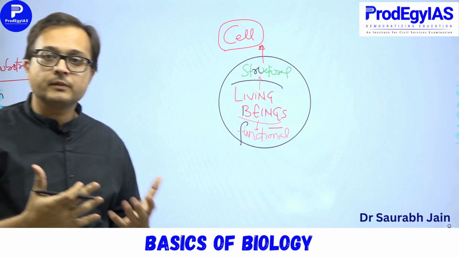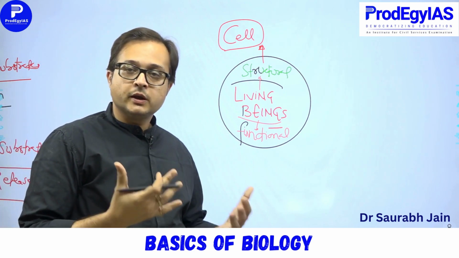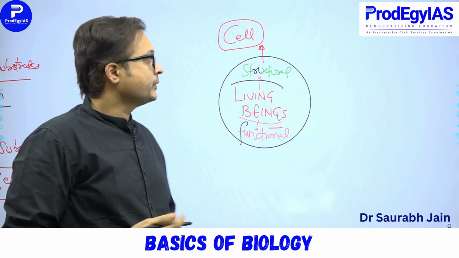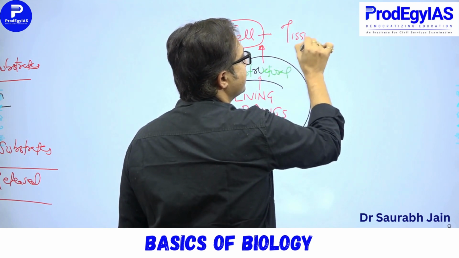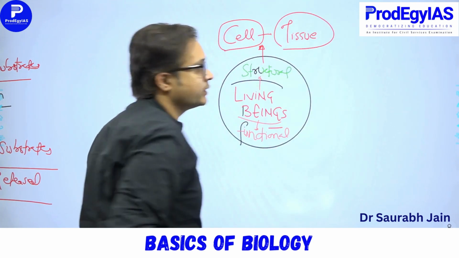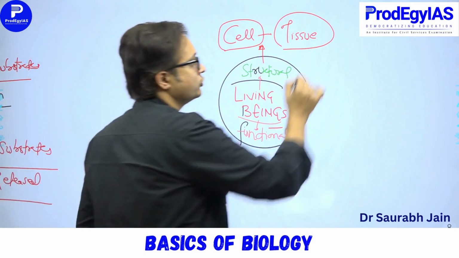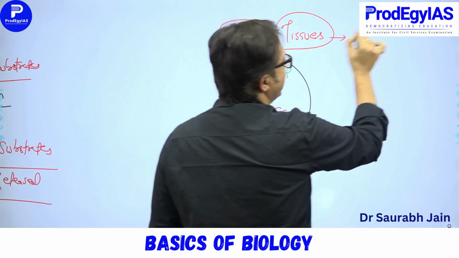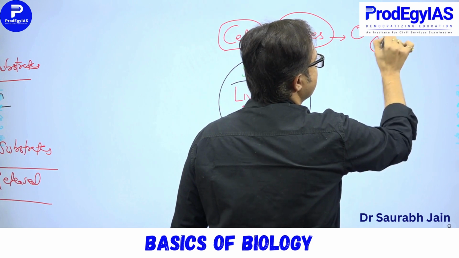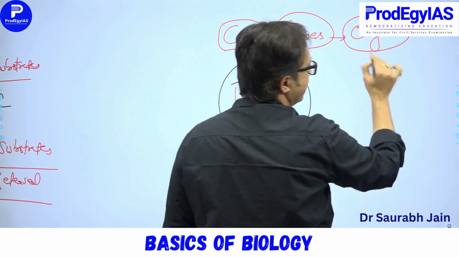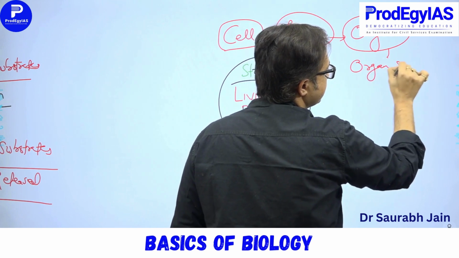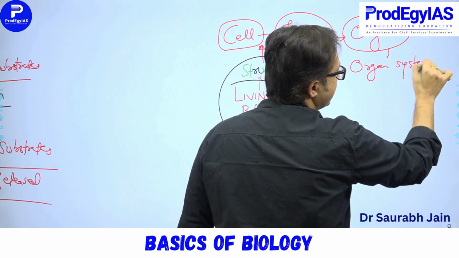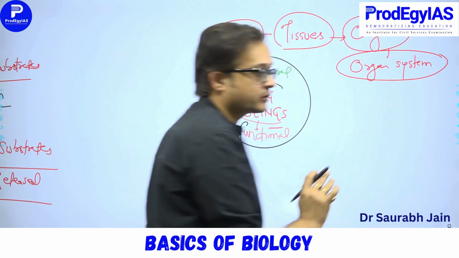Now a variety of cells, a variety of structures, can be seen, right? Various cells are clubbed together to form tissues, right? Which are then formed into organs, or when they start coordinating, they form the organ systems. This is the structural component.